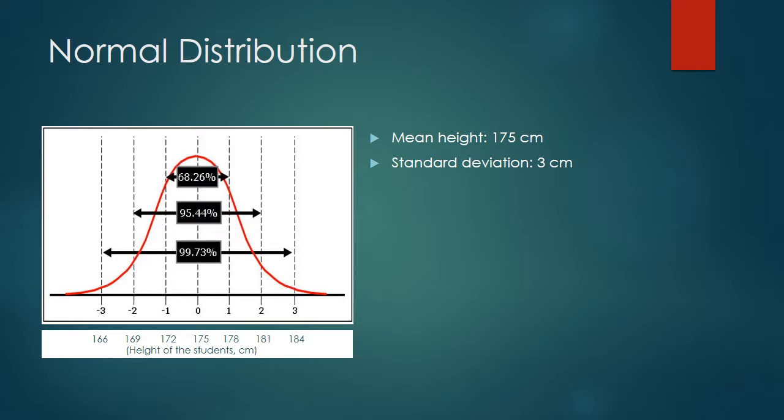This means that in a normal distribution, 68% of the population, that is 68% of the students, lie within one standard deviation, that is between 172 centimeters and 178 centimeters. 95.4% lie between 169 and 181 centimeters, that is 2 standard deviations, and 99.7% of the students lie within 3 standard deviations, that is from 166 centimeters to 184 centimeters.